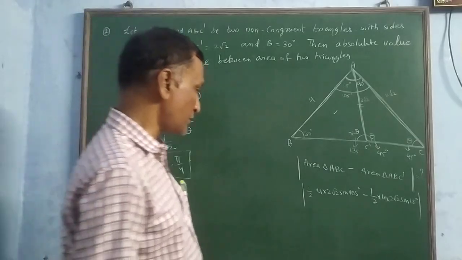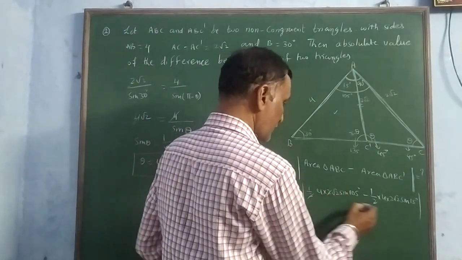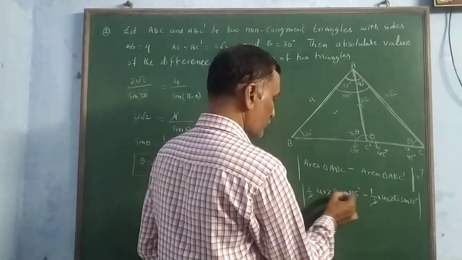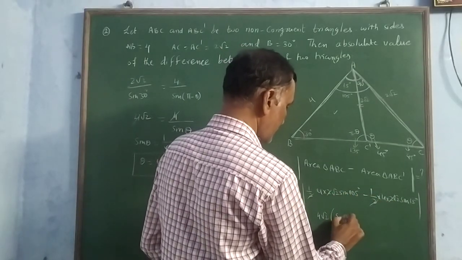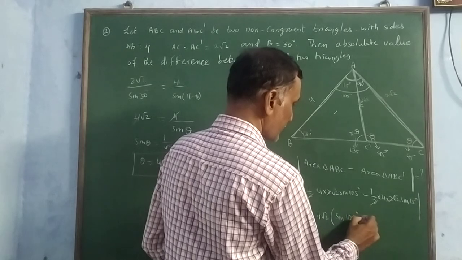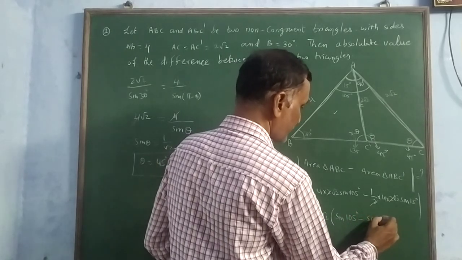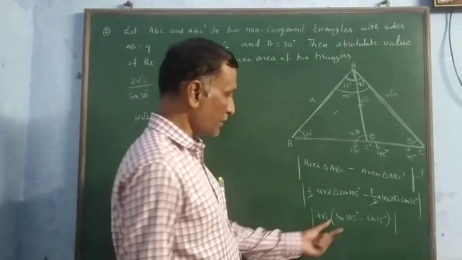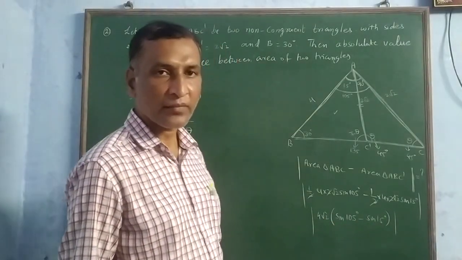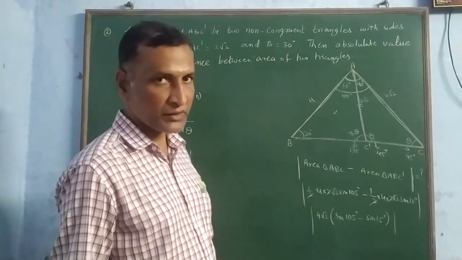You will get your answer. So 2 cancel, no? So 4 root 2 same. 4 root 2 is common. Sin 105 degrees minus sin 15 degrees. Here sin C minus sin D, transformations.